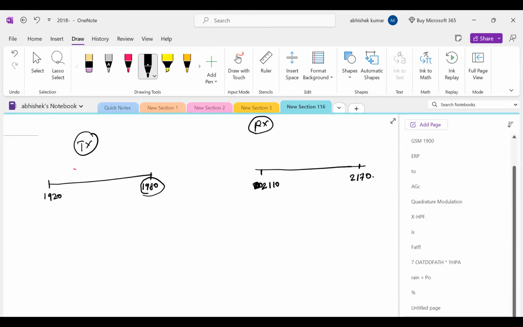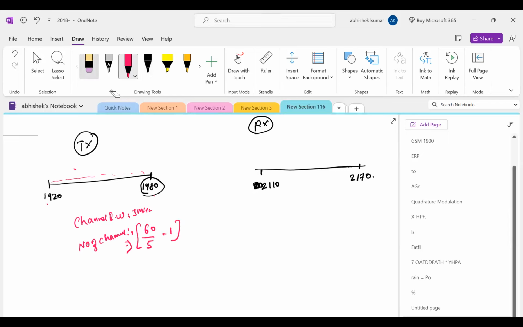The channel bandwidth is 5 megahertz. It means that here we will have many channels. So can you tell me the number of channels? This minus this, 60 divided by 5 minus 1, right or wrong?